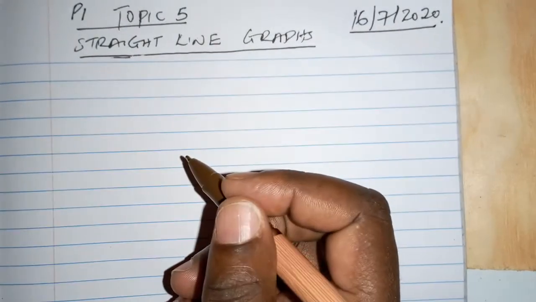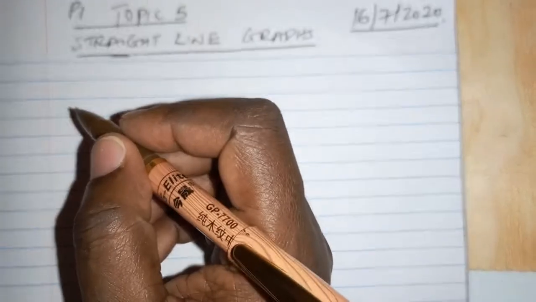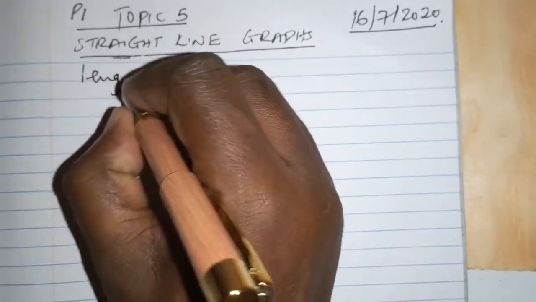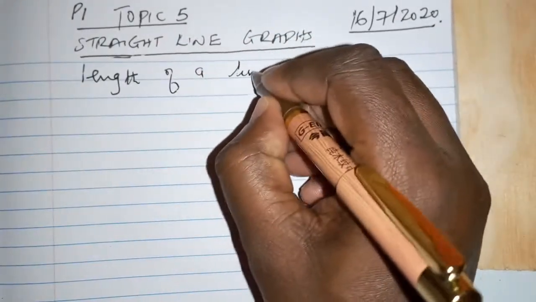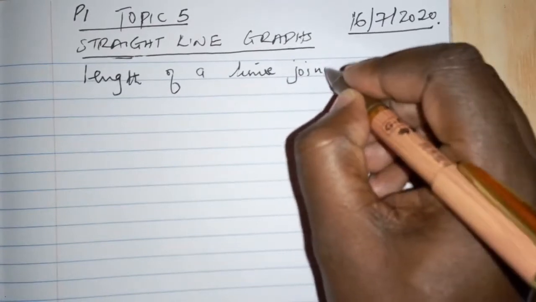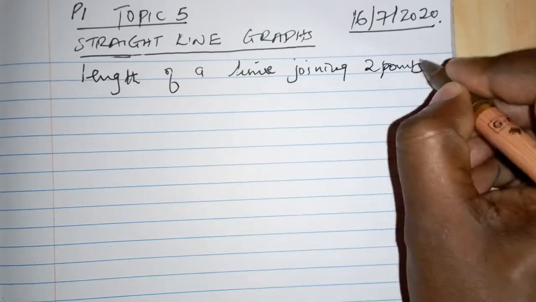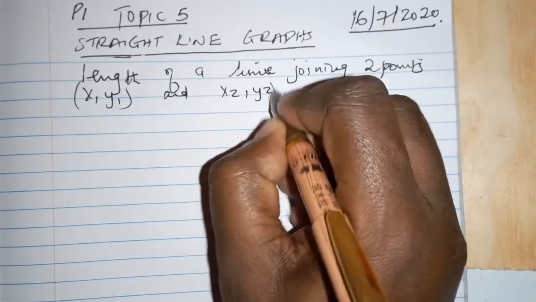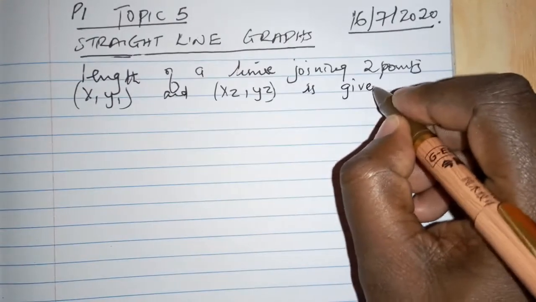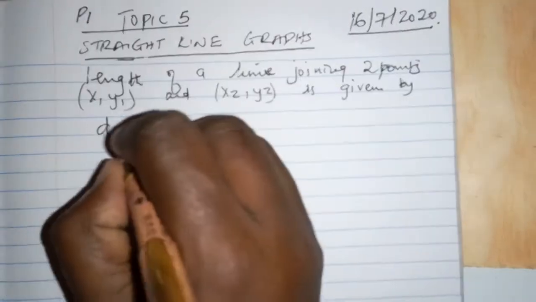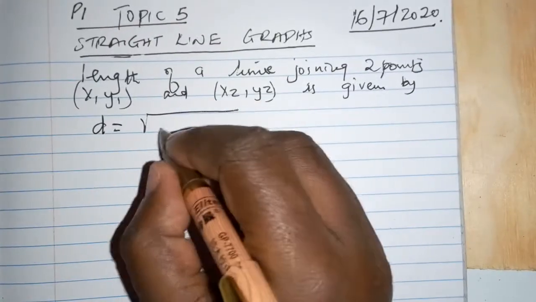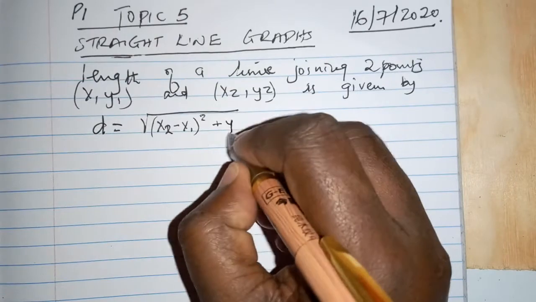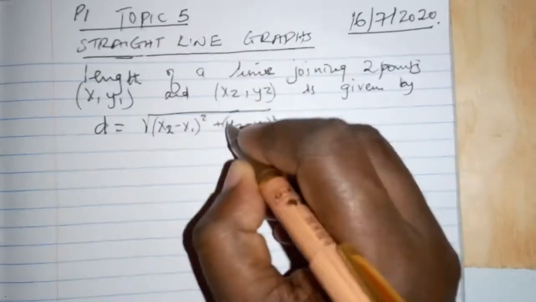And we know that the length of a line joining 2 points x1, y1 and x2, y2 is given by, of course, the distance is equal to the square root of (x2 minus x1) squared plus (y2 minus y1) squared.